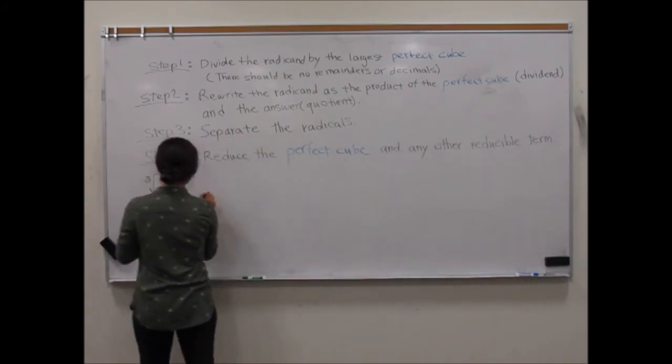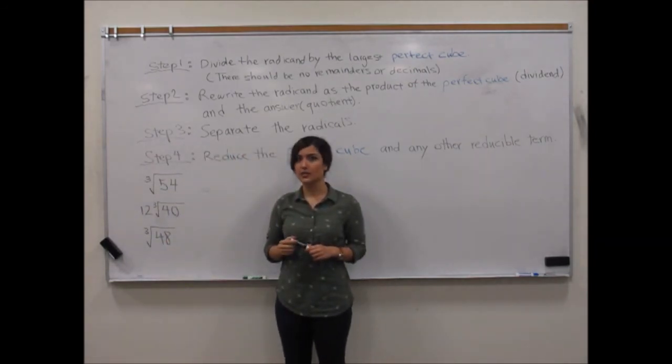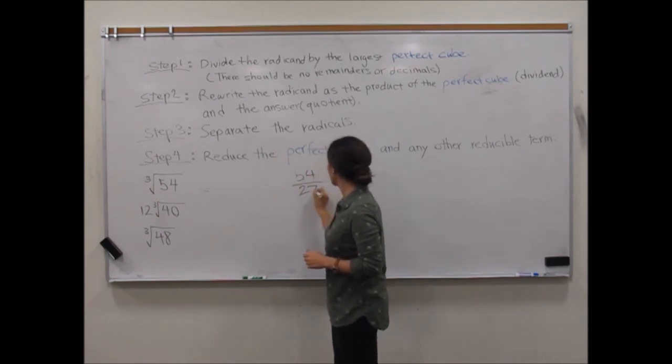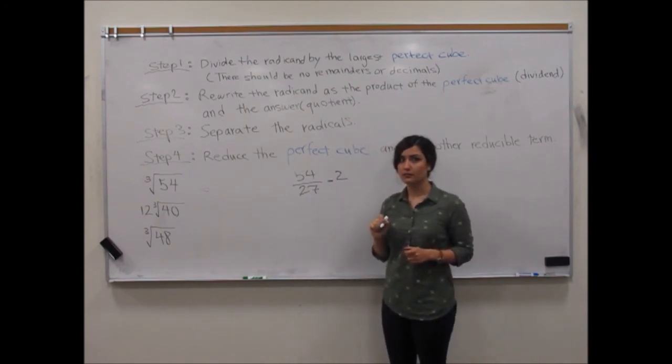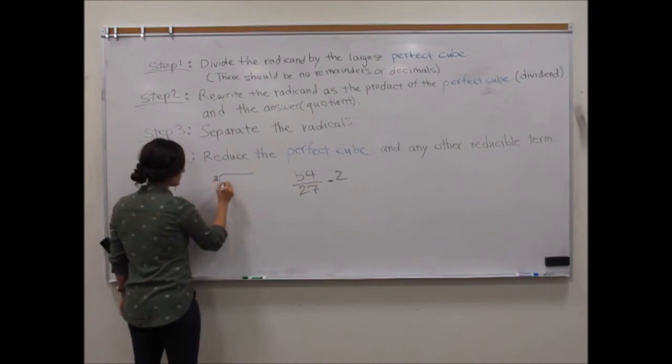And I know that 54 is divisible by 27 2 times. So I can divide 54 by 27, which is a perfect cube, and get 2. So I'm going to rewrite the cube root as cube root of 27 times 2.